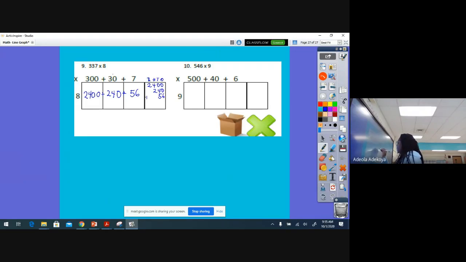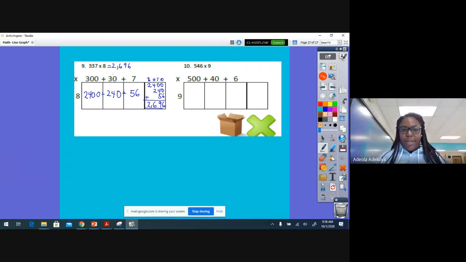I'm going to add all these numbers together. 6 plus zeros will give me 6. 5 plus 4 will give me 9. 4 plus 2 is 6. And then 2 plus zeros gives me 2. So my answer would be 2,696.